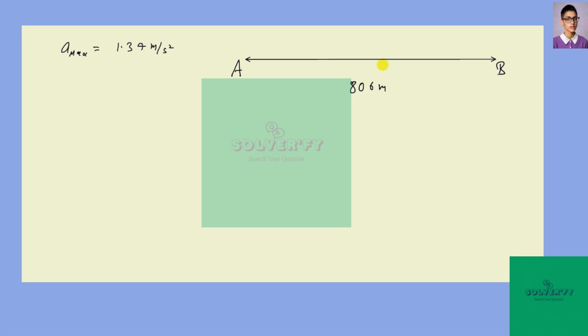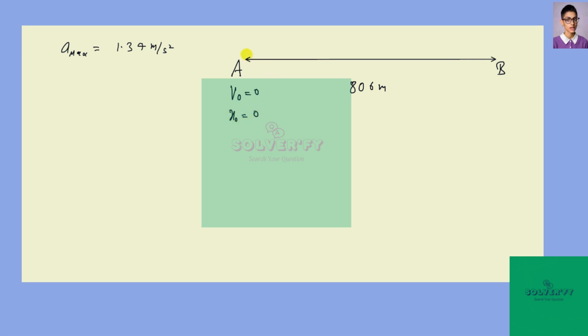What is the maximum speed a subway train can attain between the stations? Let us suppose at station 1 the initial velocity is 0 and the position is also 0.